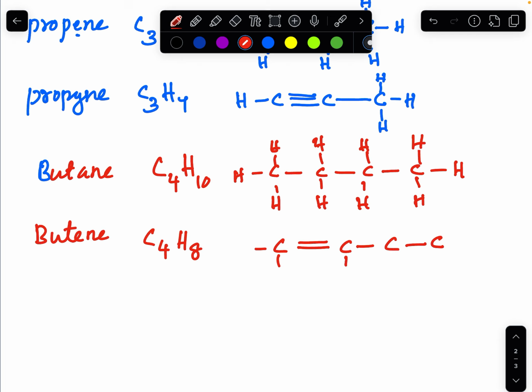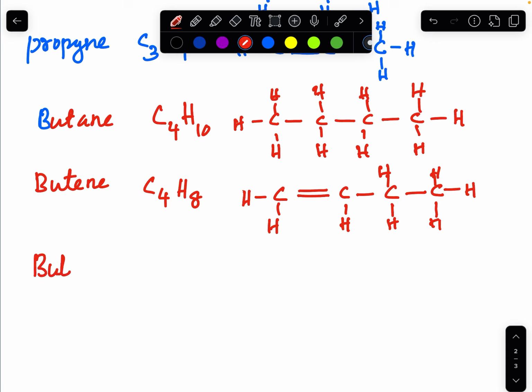It is only 2, so 2 more here, just 1 there, because already 3 completed, right? Okay, so that is 1 hydrogen, 2, 3, 4, 5, 6, 7, 8.